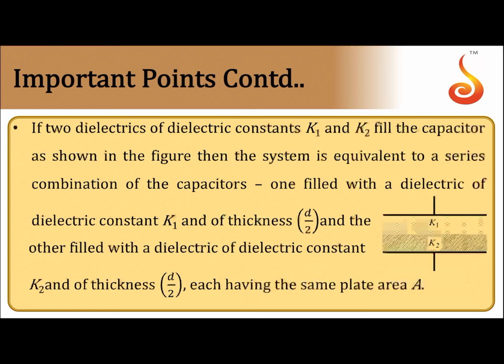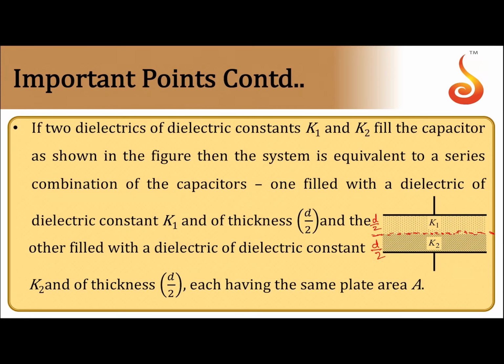Now what if the two dielectrics are filling the space between the capacitor like this? Now the border between the two dielectrics is here, so you have to cut it here. Cut and rejoin, then this will have space between the plates D by 2, this will have space between the plates D by 2, right?